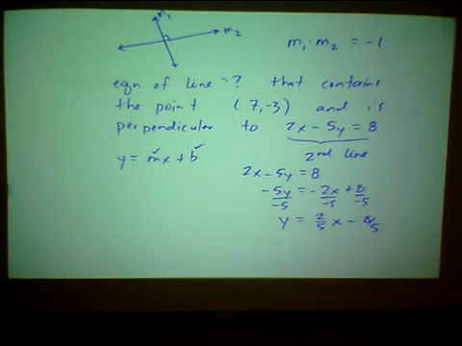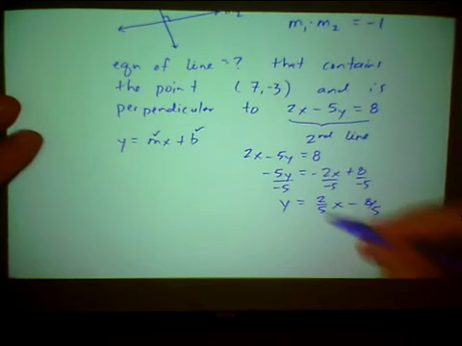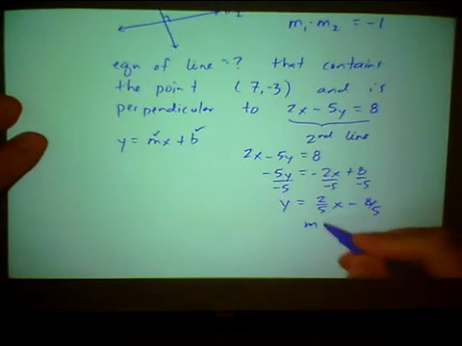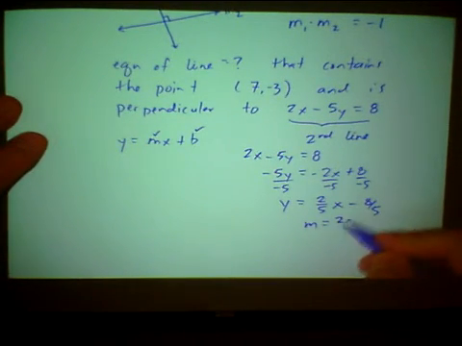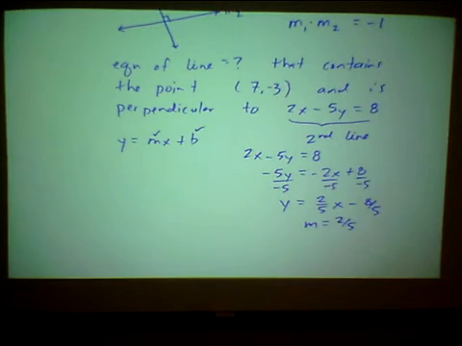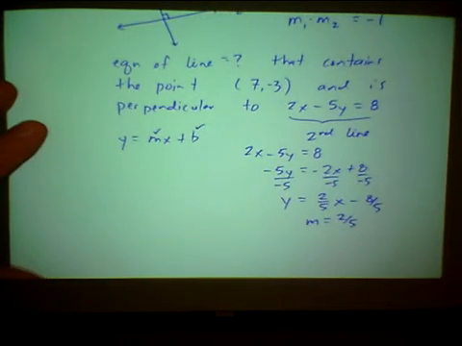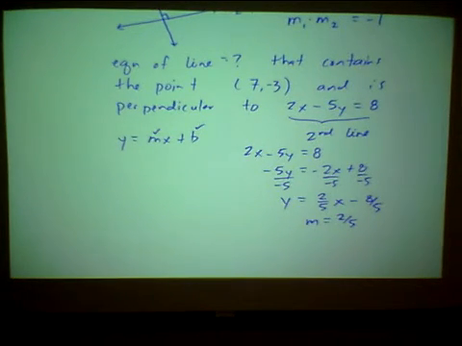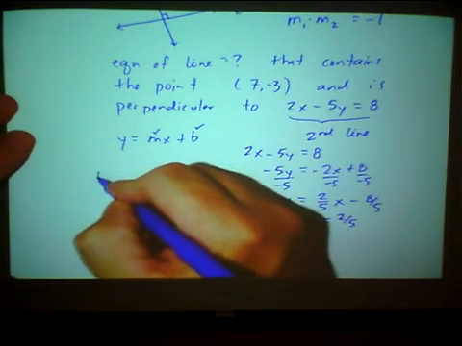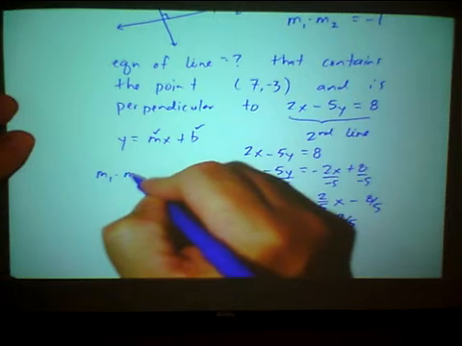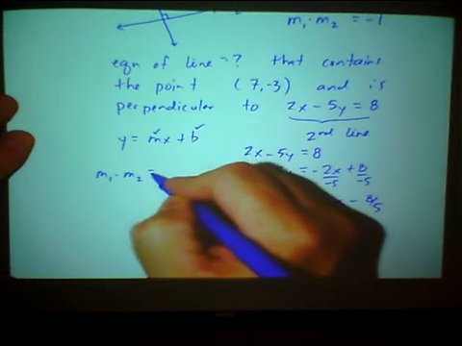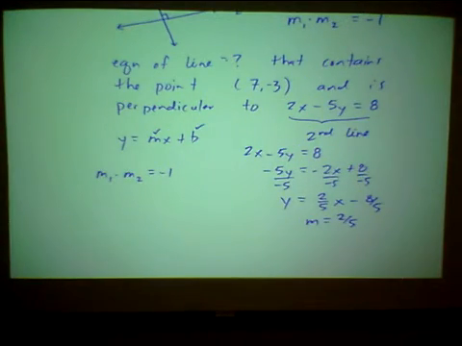Now the key to this, I really am interested only in the slope. So the slope of this line is 2/5. Now since this line is perpendicular to my line, this gives me the ability to find the slope of my line. So here's this equation. If you have two perpendicular lines, you can multiply the slopes and they equal -1.